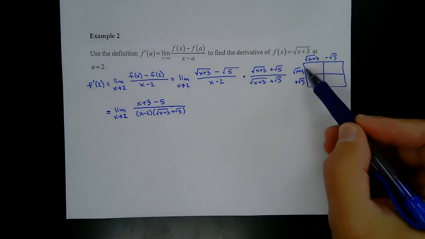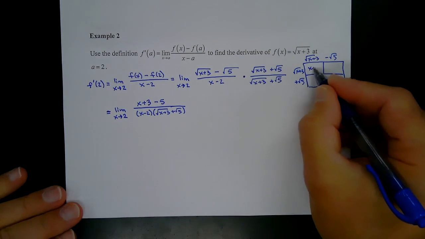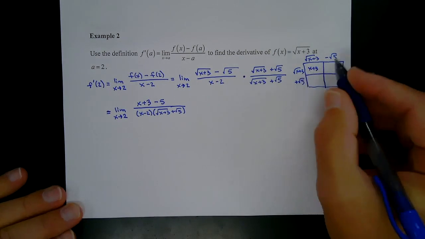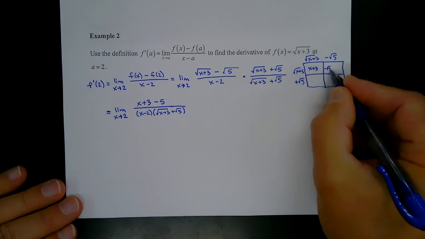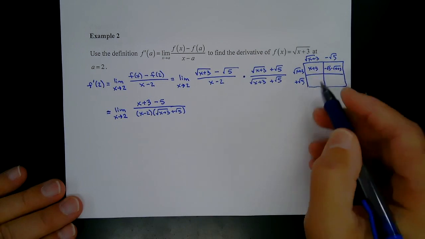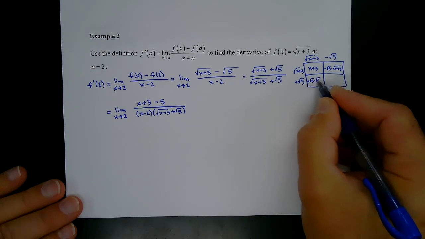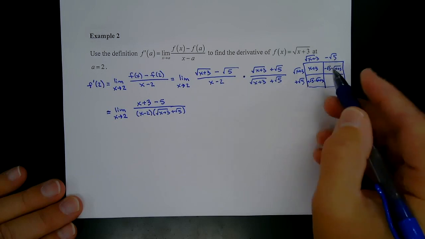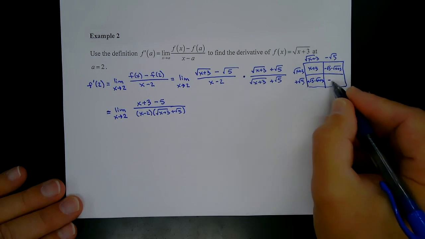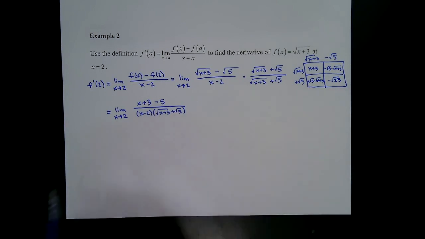And this would be the square root of x plus 3 times the square root of x plus 3. That's just x plus 3. This one becomes negative square root of 5 times the square root of x plus 3. This one here becomes positive square root of 5 times the square root of x plus 3. And this becomes negative square root of 25, which would just be negative 5. And that's where I get the minus 5 right there.